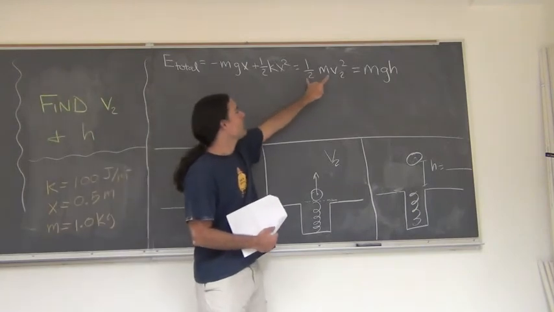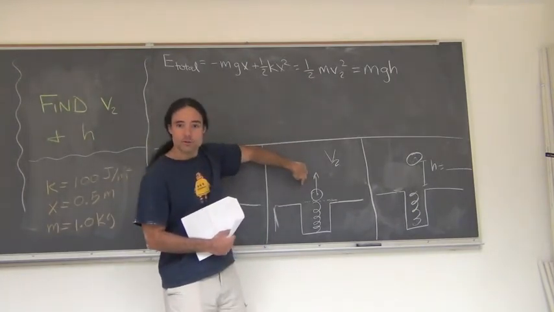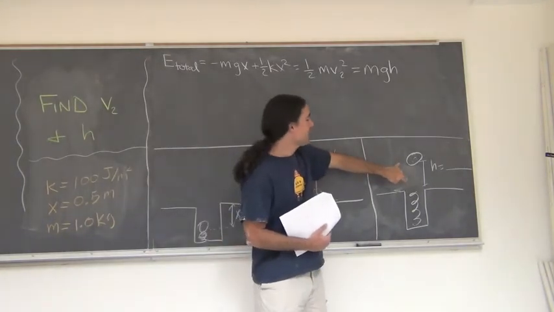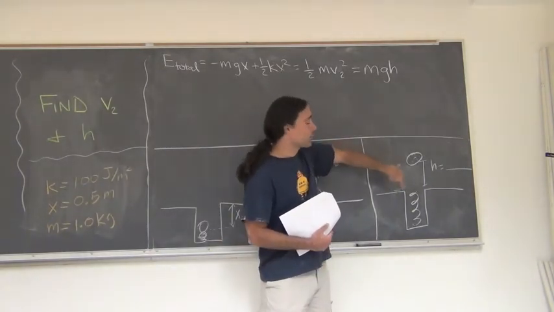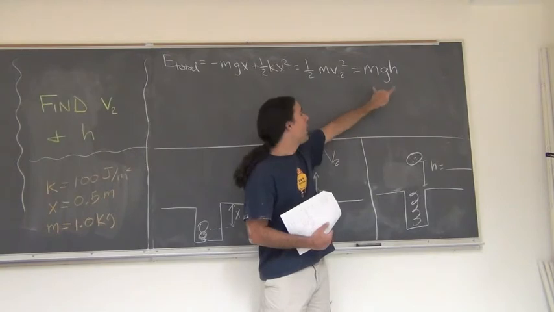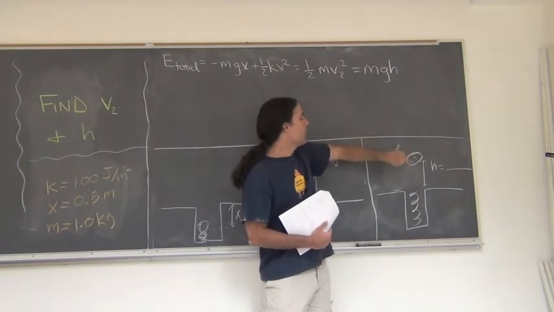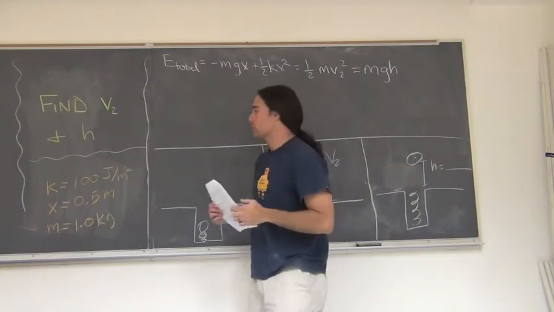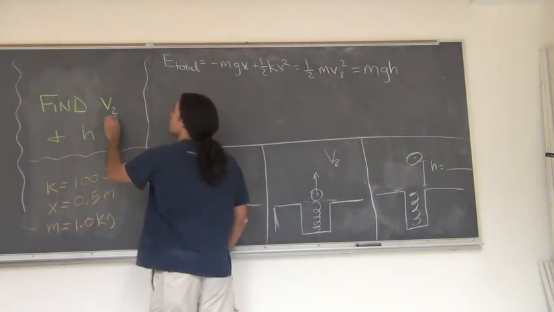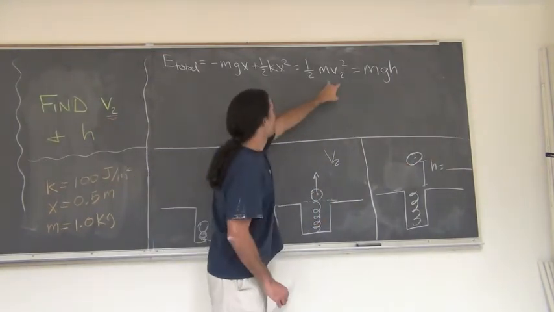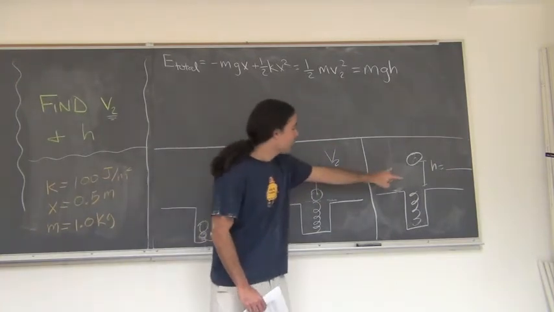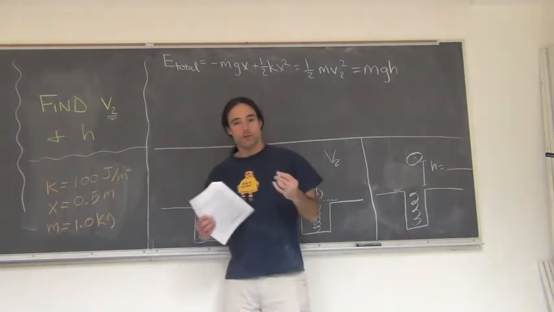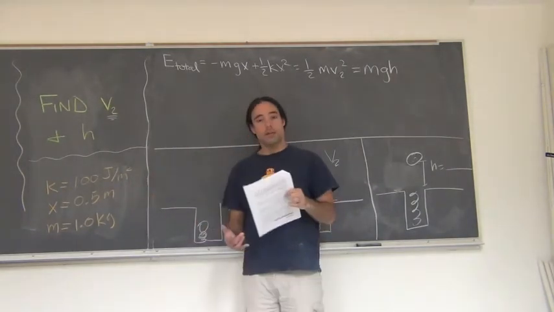That's got to equal the kinetic energy that we get in picture 2, because the total energy is just kinetic, and it's got to equal the gravitational potential energy of picture 3. Again, because the total energy in this case is just gravitational potential energy. So suppose I want you to find the velocity in picture 2, and suppose I want you to find the height from picture 3. How would you do that? Let's give you some numbers to play with.